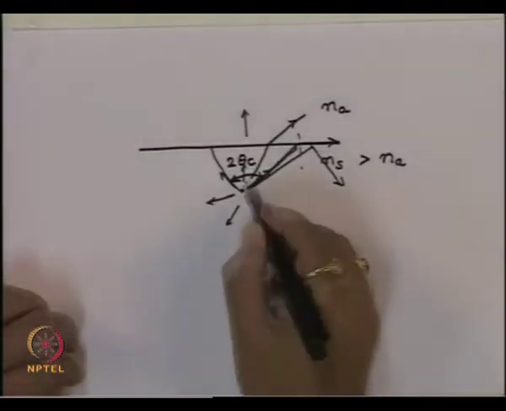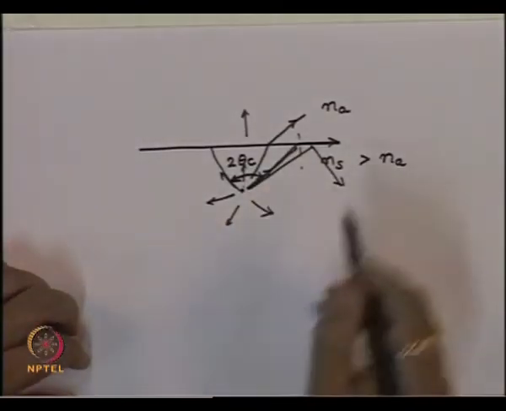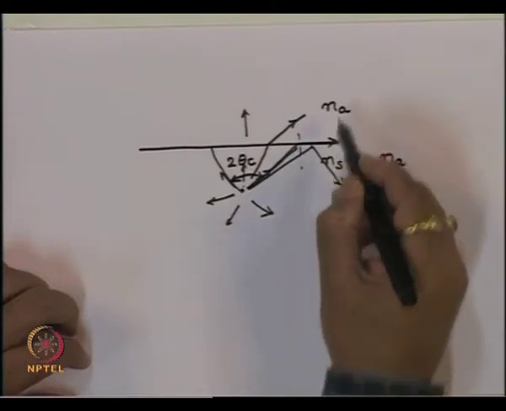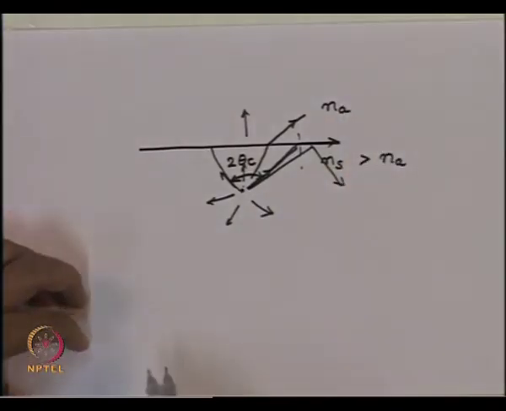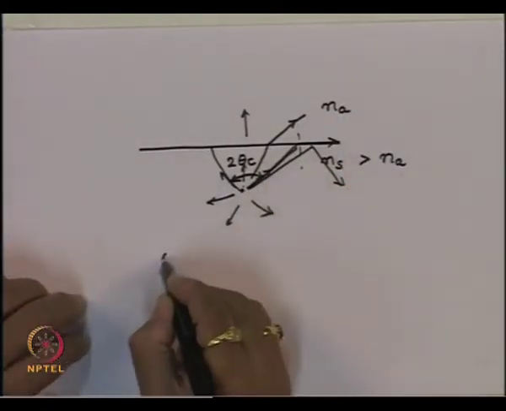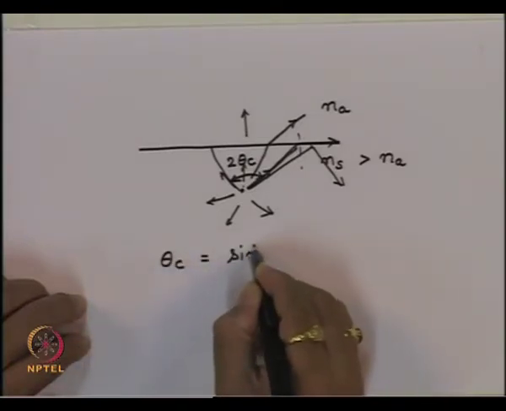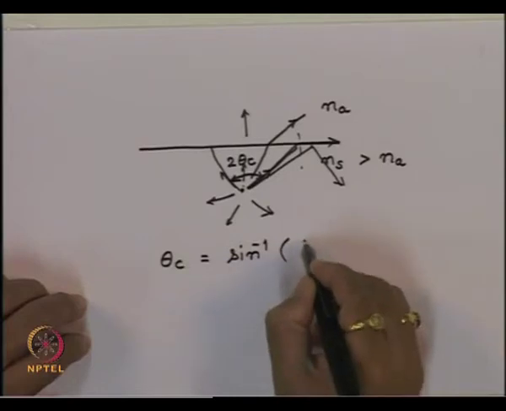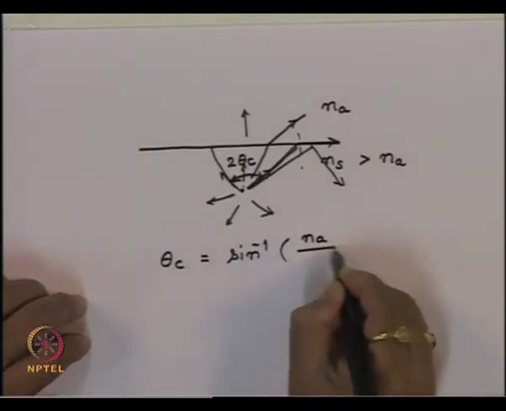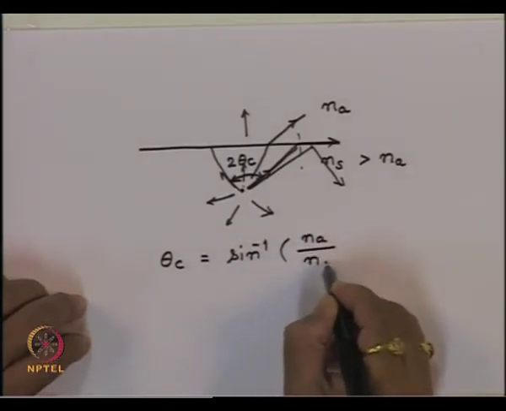So, we can calculate theta c, because we know the refractive index of the material, we know the refractive index outside. So, theta c will be equal to sine inverse of Na upon Ns.